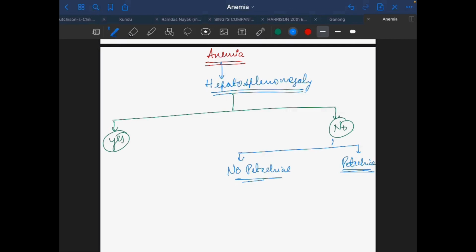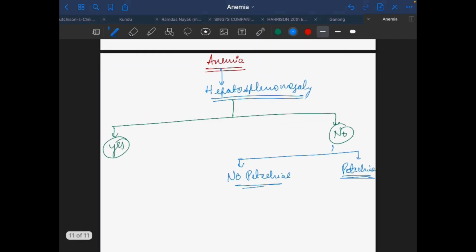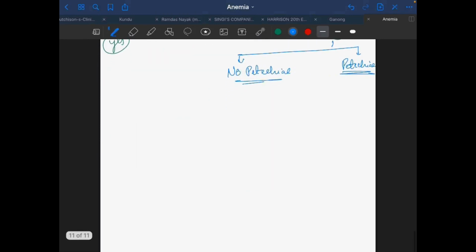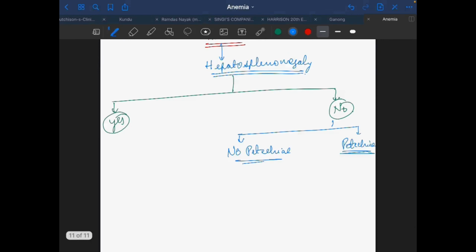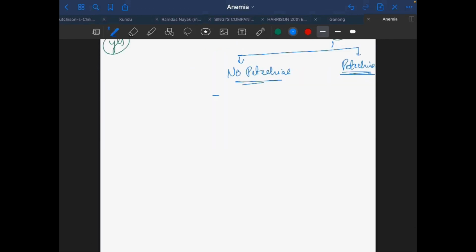What I am showing you is a clinical approach. What we discussed earlier was the diagnostic approach. So if no hepatosplenomegaly and no petechiae, it is generally nutritional disorders like iron deficiency, megaloblastic anemia, or lead poisoning or chronic kidney disease.